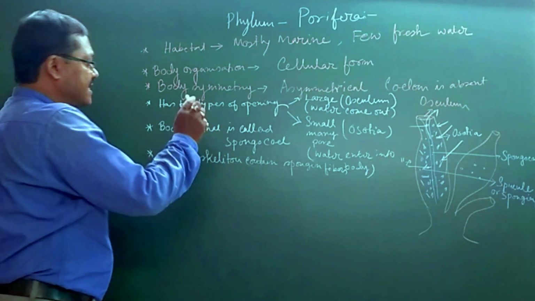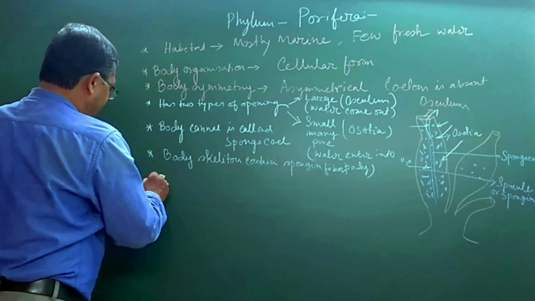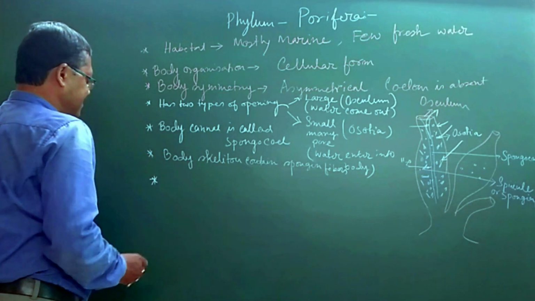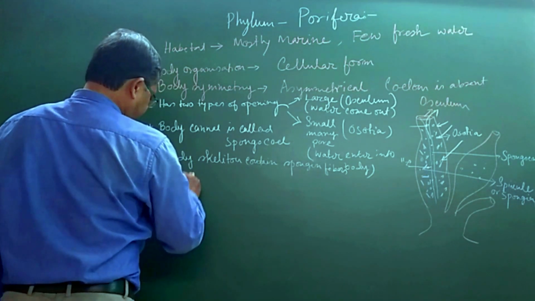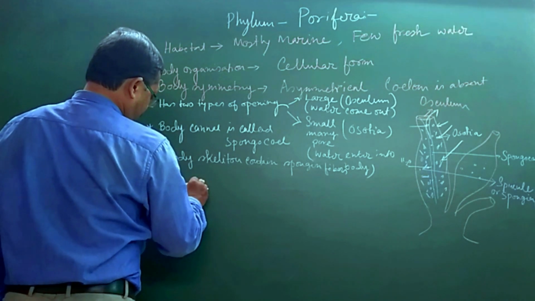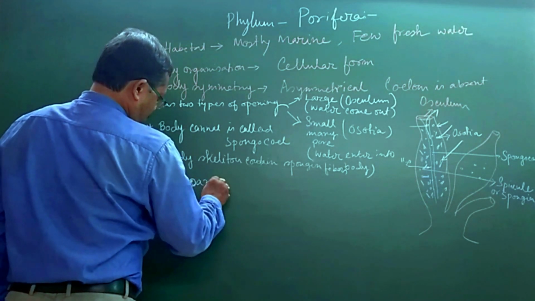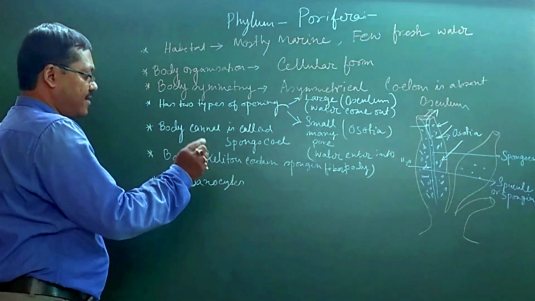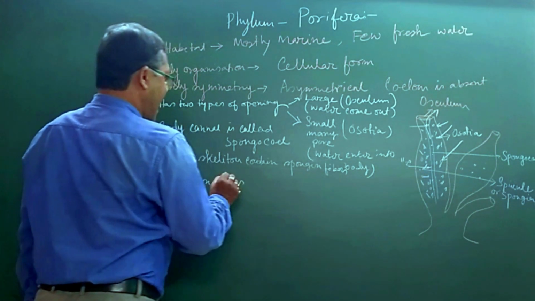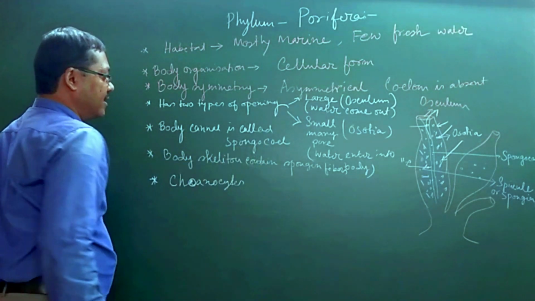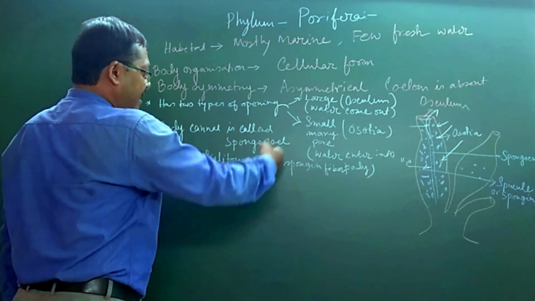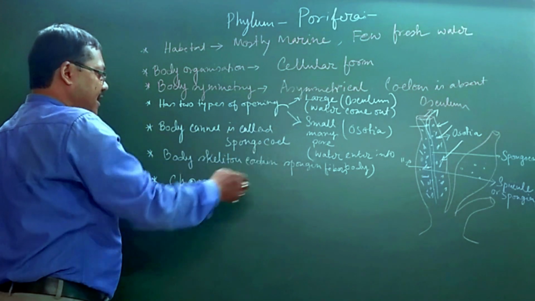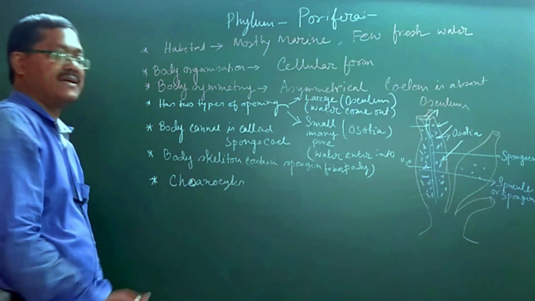Then a special type of cell is present here, called the choanocyte. Water enters the spongocoel and the choanocytes are present.